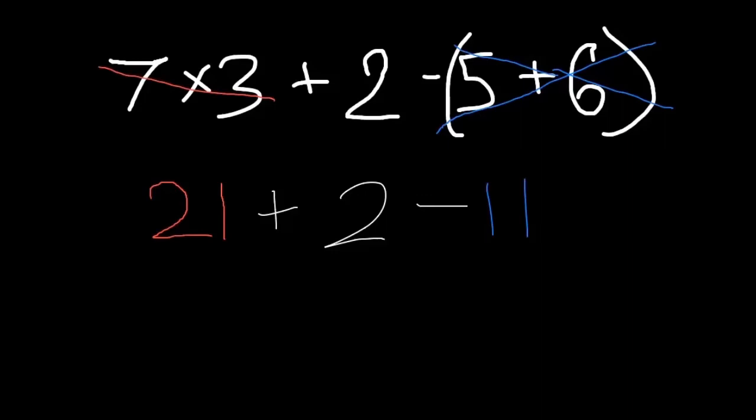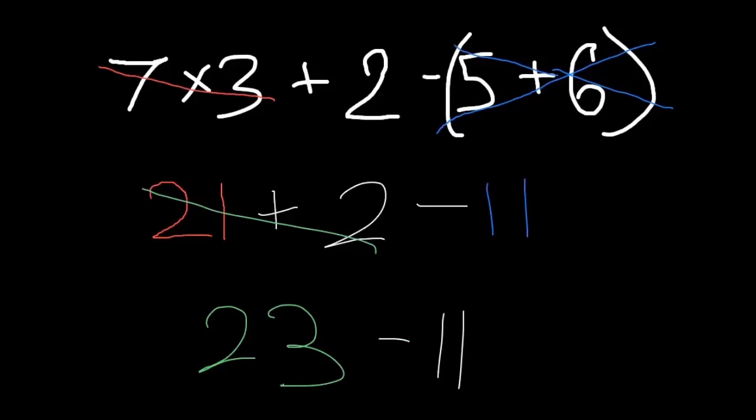Minus 11. Now we've got 2 symbols in the game. So what is 21 plus 2? And I'm going with the plus because we're going from left to right. So 21 plus 2 is obviously 23.